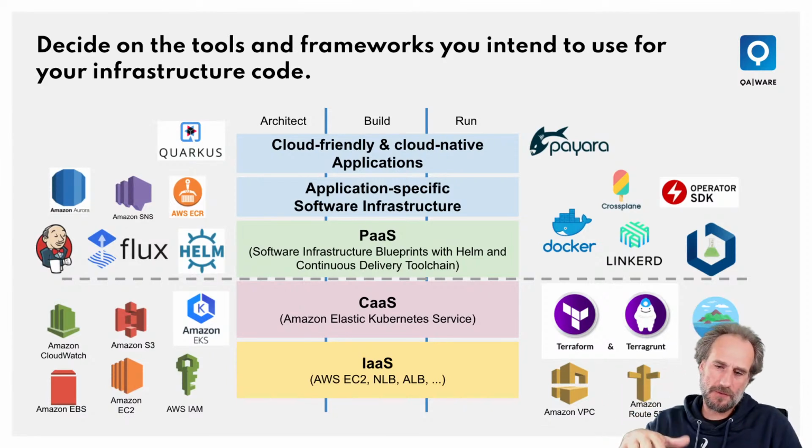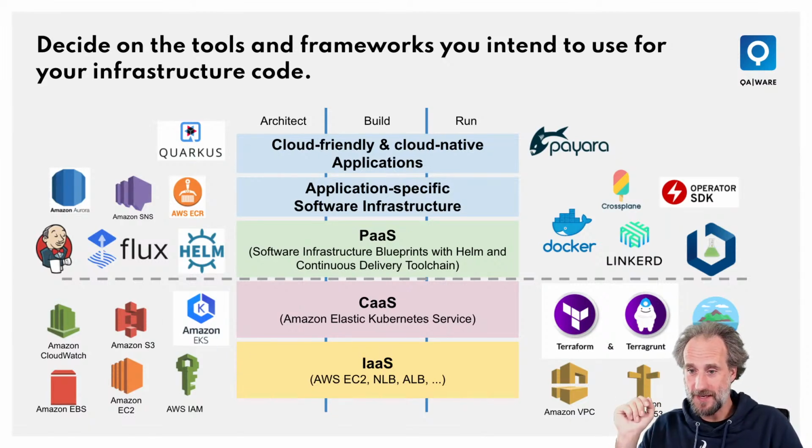So maybe on that bottom layer, you decide, I want Terraform, I want Terragrunt to do some DRY principle things. I'll show you in a second, that is a really cool framework. Maybe you want to do some CI and some peer review model, then maybe you choose a framework like Atlantis to have a peer review process for your Terraform files.